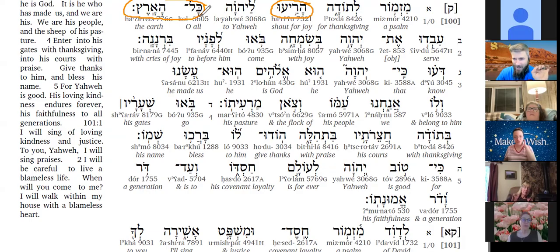So it's not a perfect fit. It should be something like all of you in all the earth. But otherwise, kol haaretz doesn't fit anywhere else. So it's being taken as a vocative. Hey, you, all the earth, hari'u, shout for joy. So it's a translator interpretation, but I don't think there's any other option.